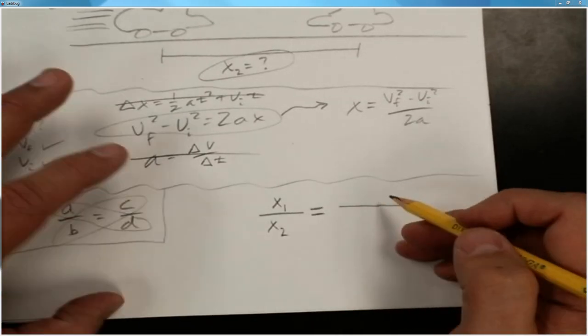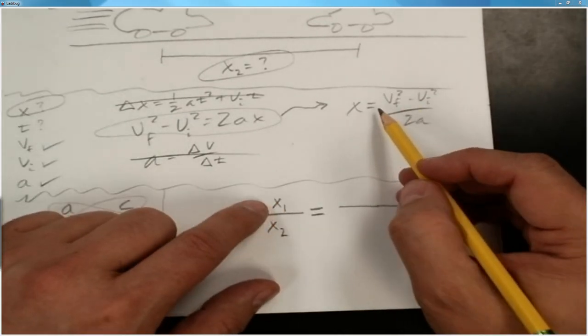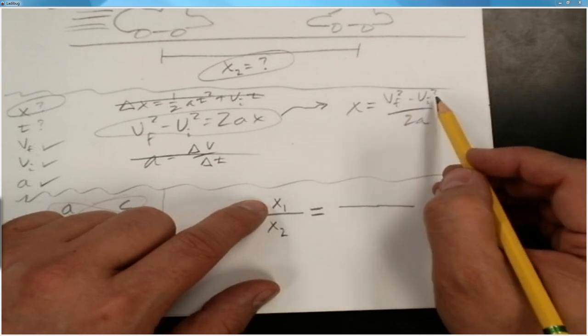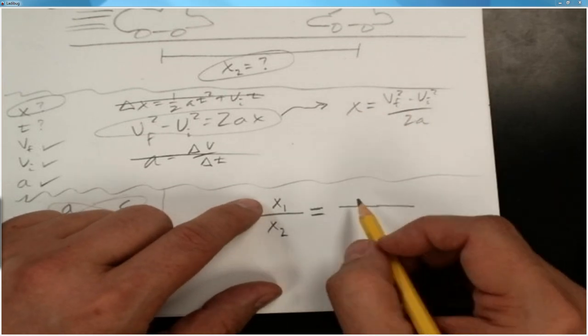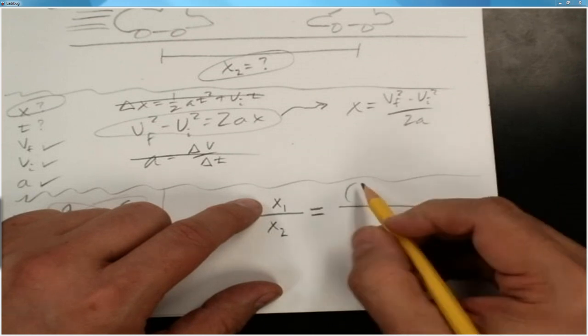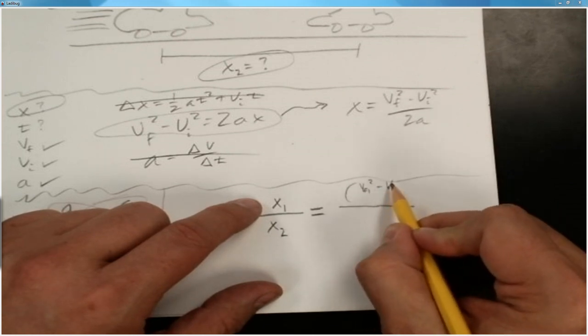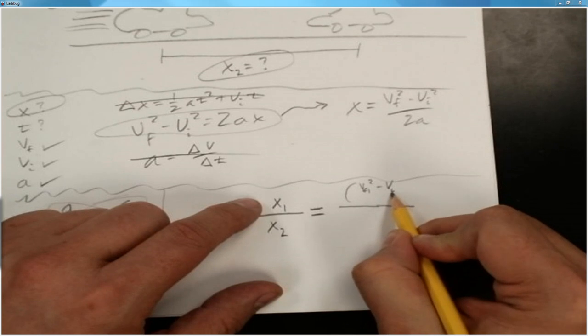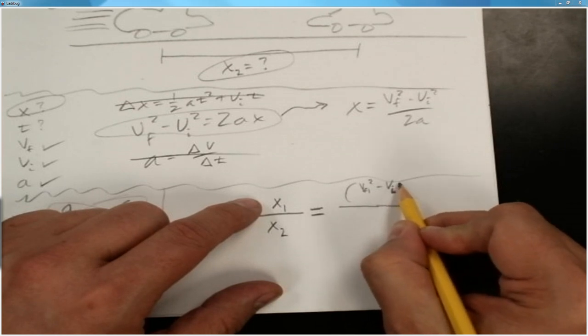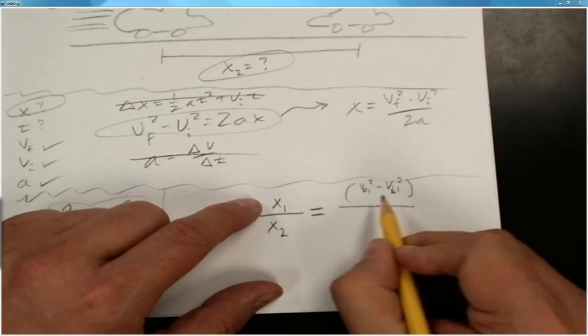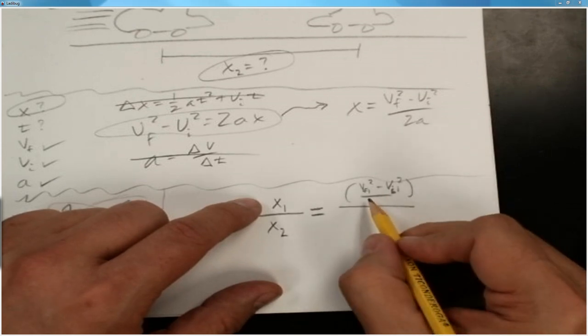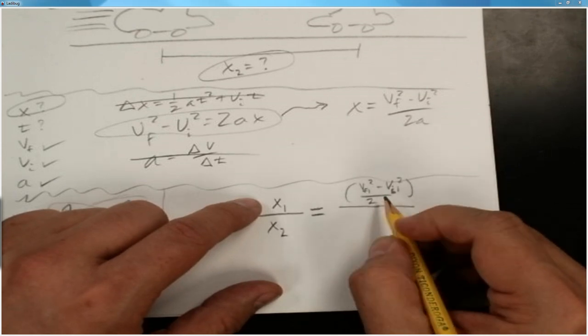What are these 2 things? Well, I have an equality over here. X is the same thing as VF squared minus VI squared over 2a. So this must be the same as VF1 squared minus VI1 squared over 2a.